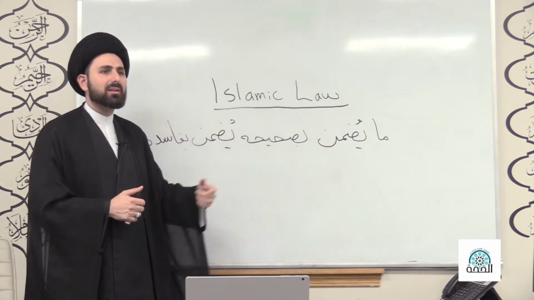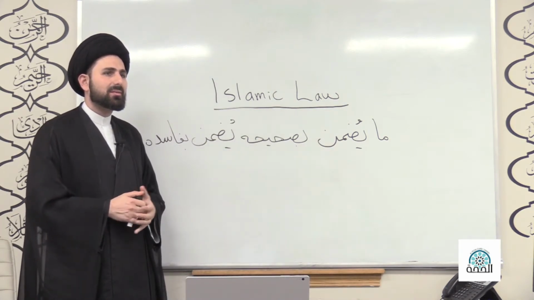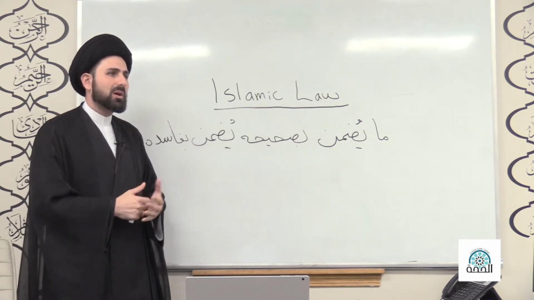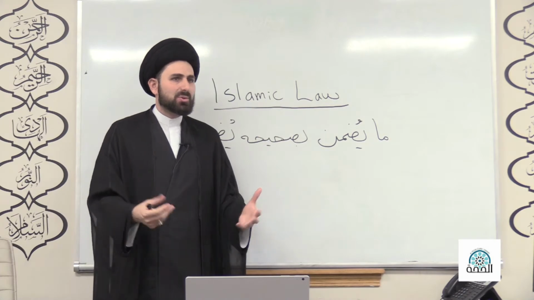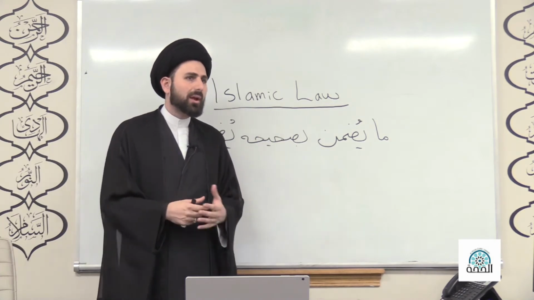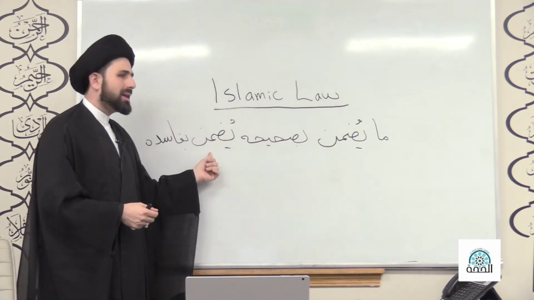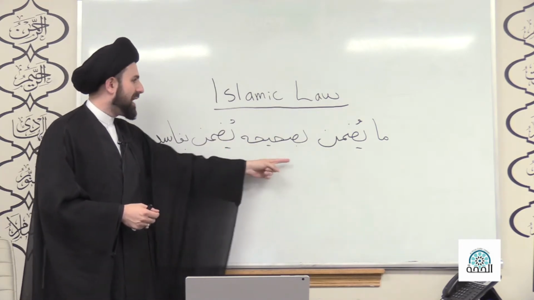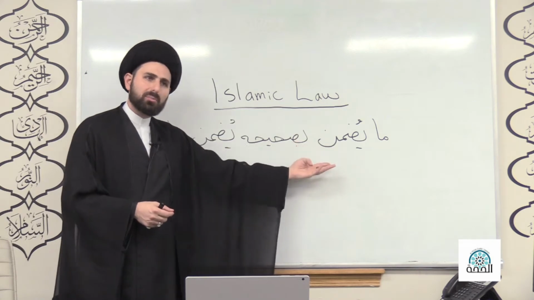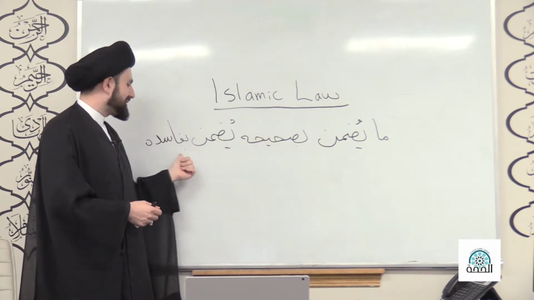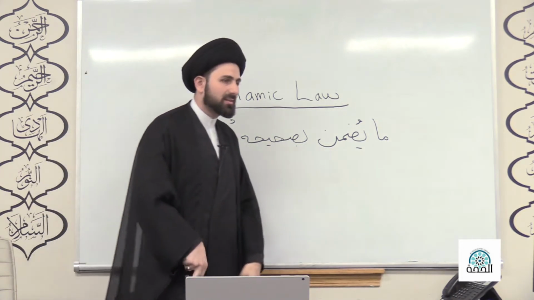What does sahih mean? Right, correct, valid. Something that is valid, something that is correct, something that is right, we call it sahih. Yudhman bifasidihi. That which you are liable for when it is valid, you are liable for it when it is fasid.